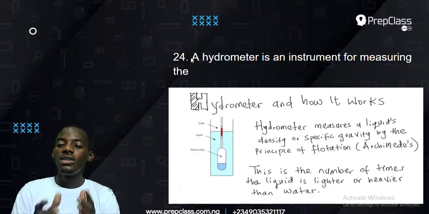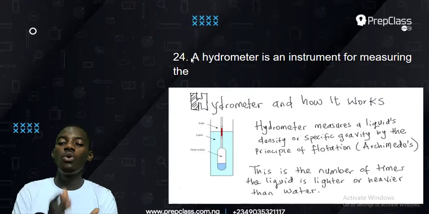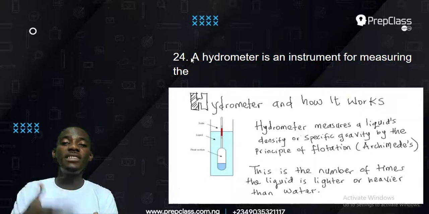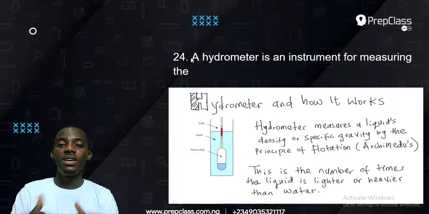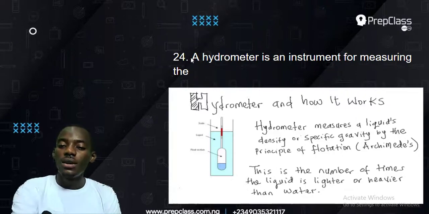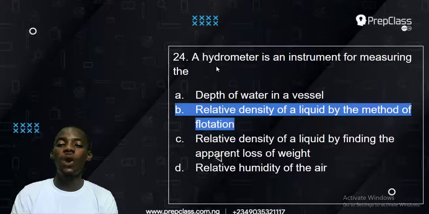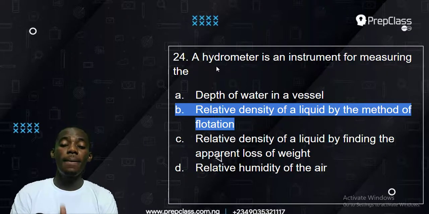So it works by the principle of flotation, or Archimedes' principle. That principle says that the weight of water displaced is equivalent to the upthrust in the liquid. So that's the answer, making option B the correct answer: relative density of a liquid by the method of flotation, not by the method of apparent loss.